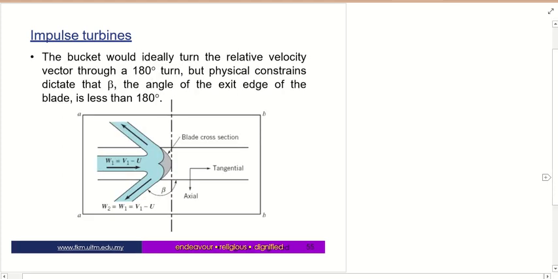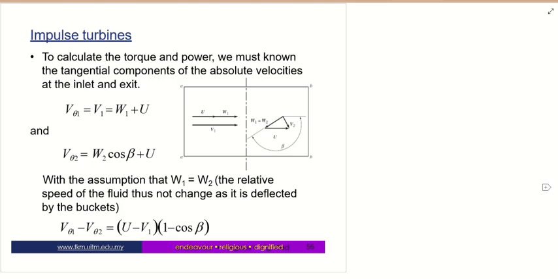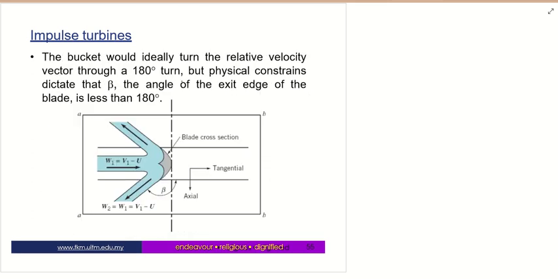This is the flow as viewed by an observer riding on the Pelton wheel, in terms of relative velocity. This is the inlet, the high velocity from the jet, coming from this direction.